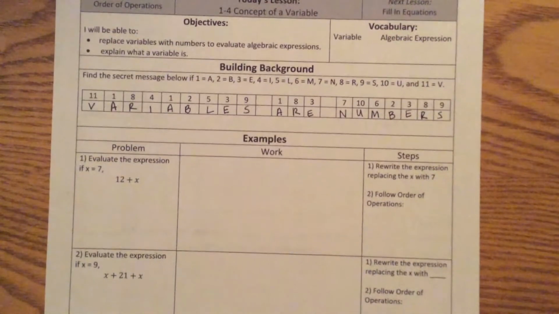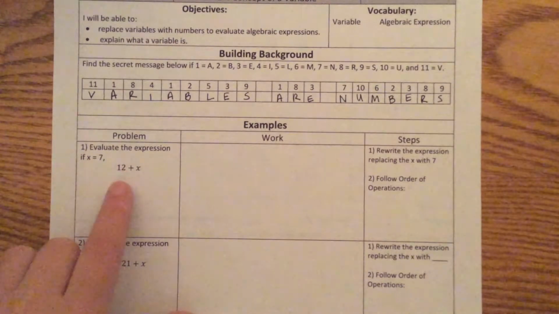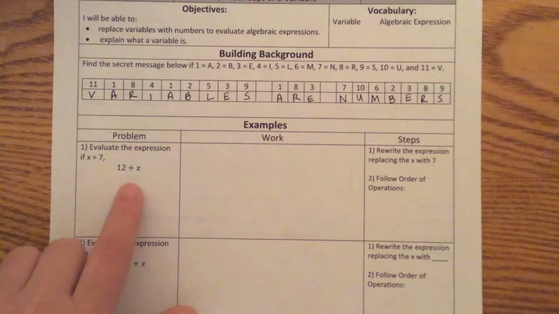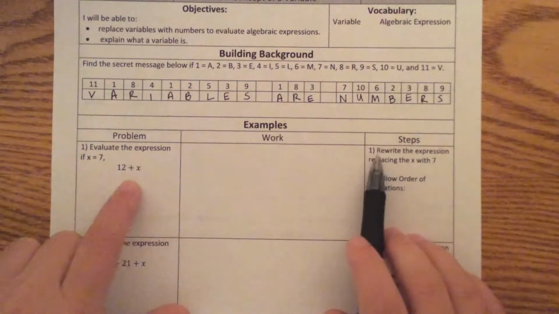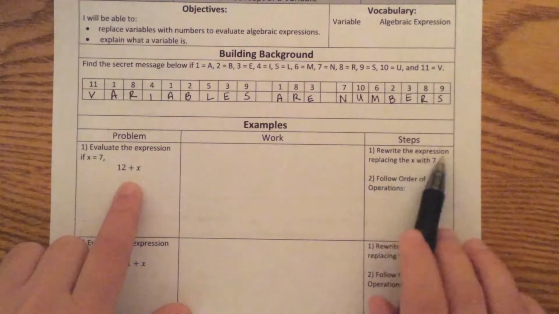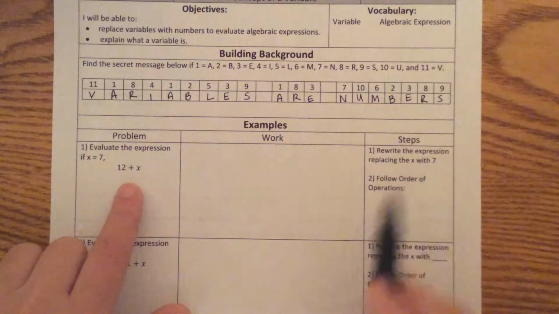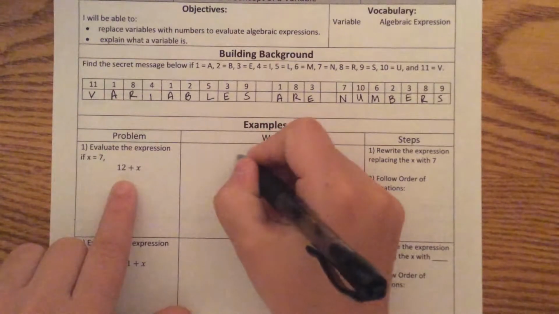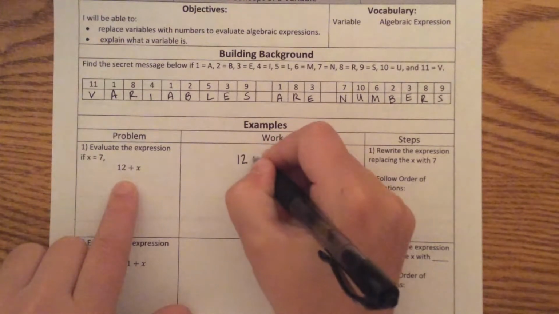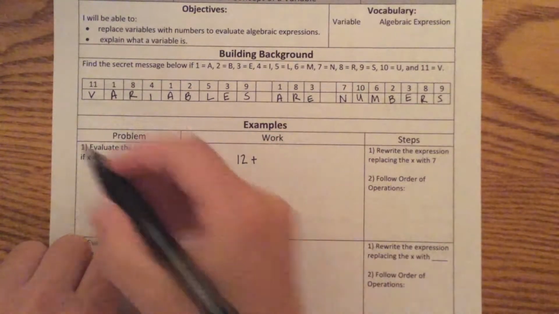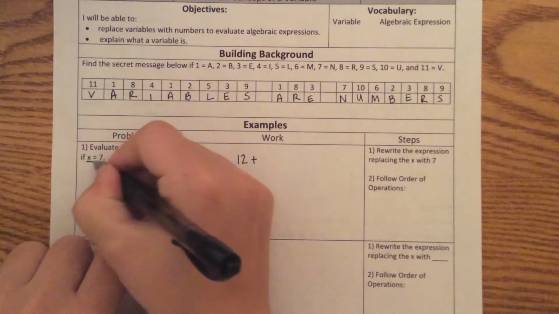Okay, so example 1 says evaluate the expression if x equals 7. So we have 12 plus x. So our first step is to rewrite the expression replacing the x with 7. So we're going to keep the 12 and the plus, but instead of saying x, we know x is equal to 7.